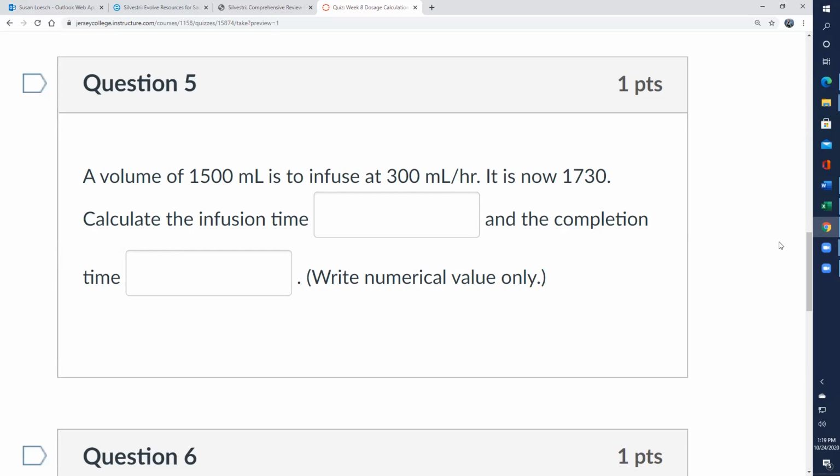Oh, it's way past it. It's on page 3. I was all the way at the bottom.